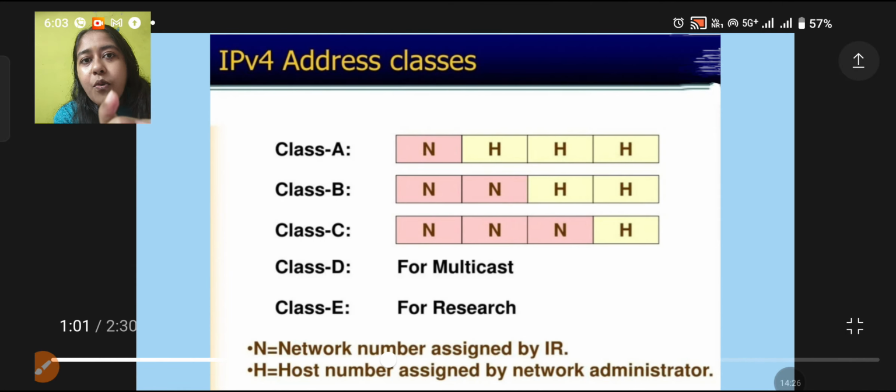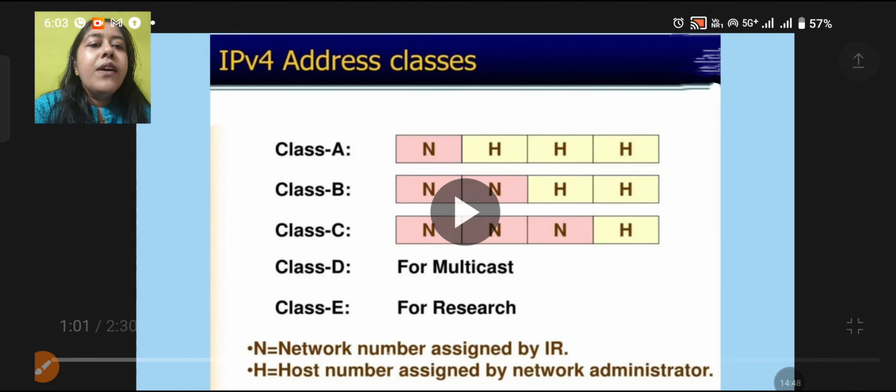This is the whole classification and how we break it. For class A, one part will be the network number and the other will be the host number. For class B, 2 will be network and 2 will be host, and for C, 3 will be network and 1 will be host. This is the partition, or how we distribute the whole address, each and every bit.